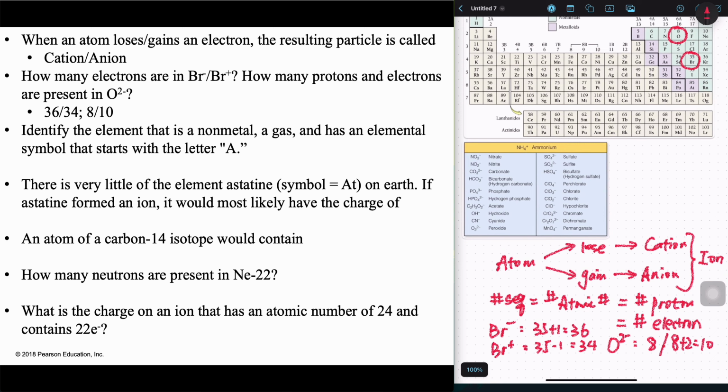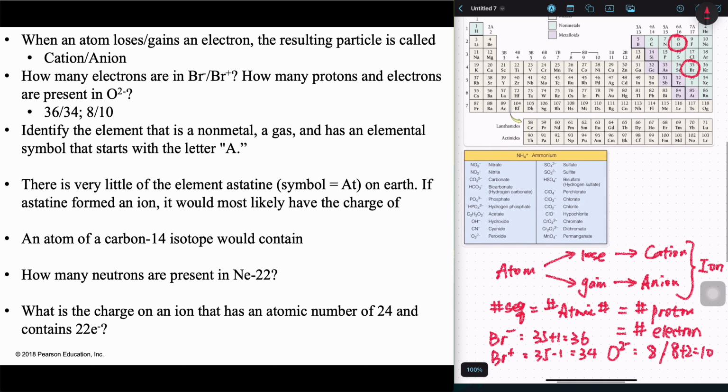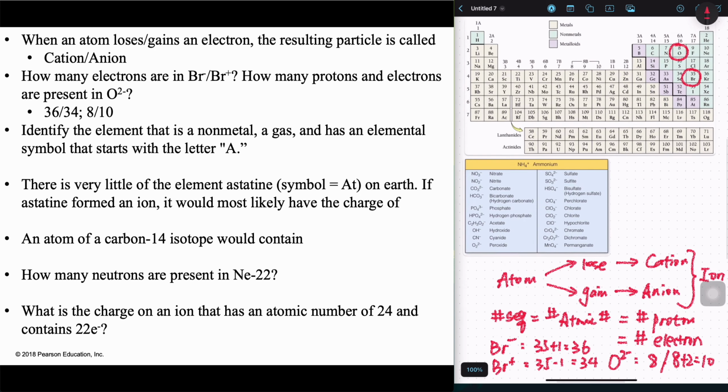Question number 3. This question is asking to identify an element that is a nonmetal, a gas, and has an elemental symbol that starts with the letter A. So first, let's see where we could find the element that is a nonmetal. From the periodic table that is provided, we know the nonmetals are in this green region.